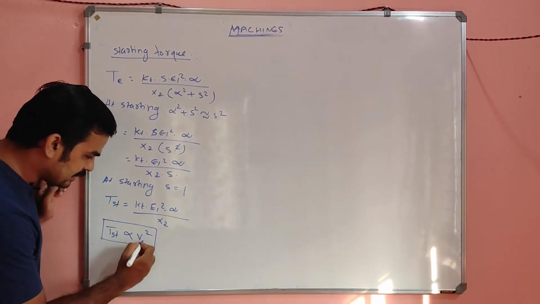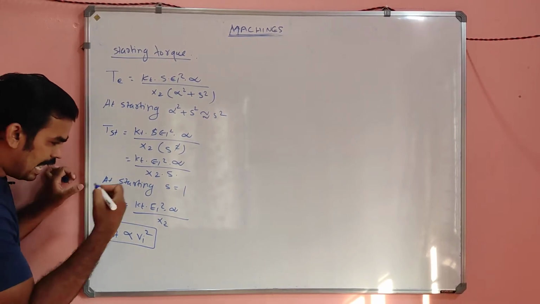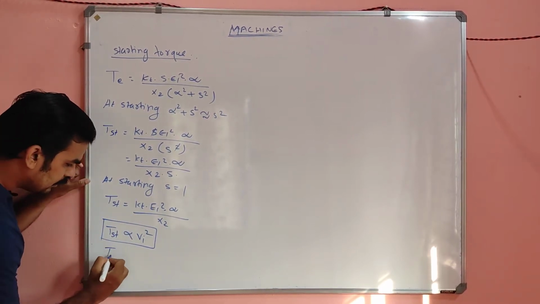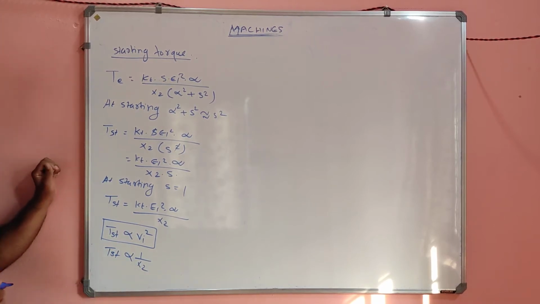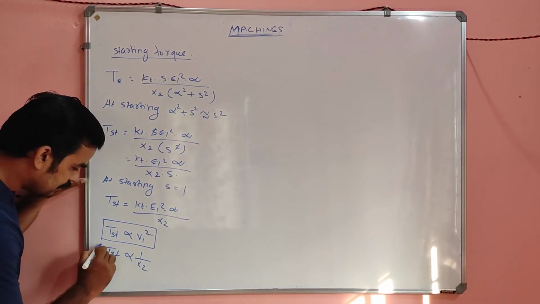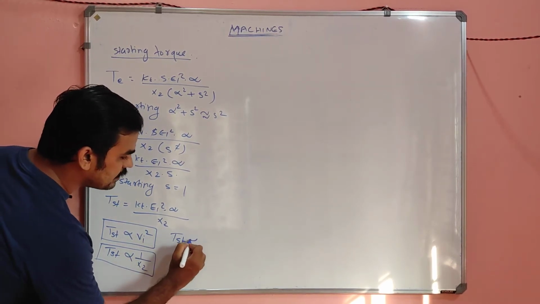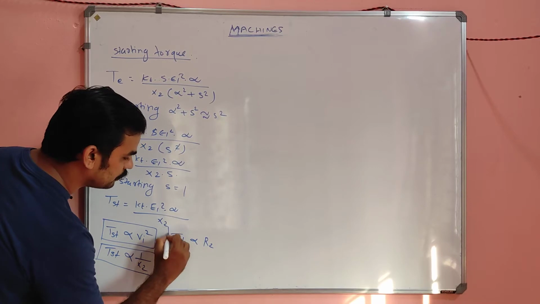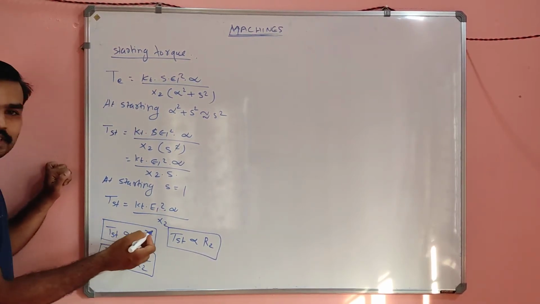So T start is proportional to V1 square. And also T start is inversely proportional to X2, or I can write T start proportional to R2, because alpha is nothing but R2 by X2.